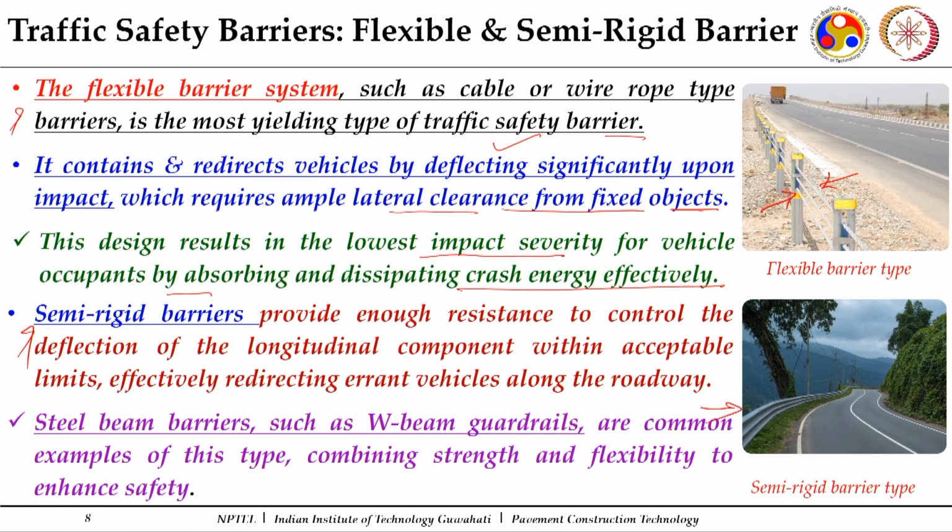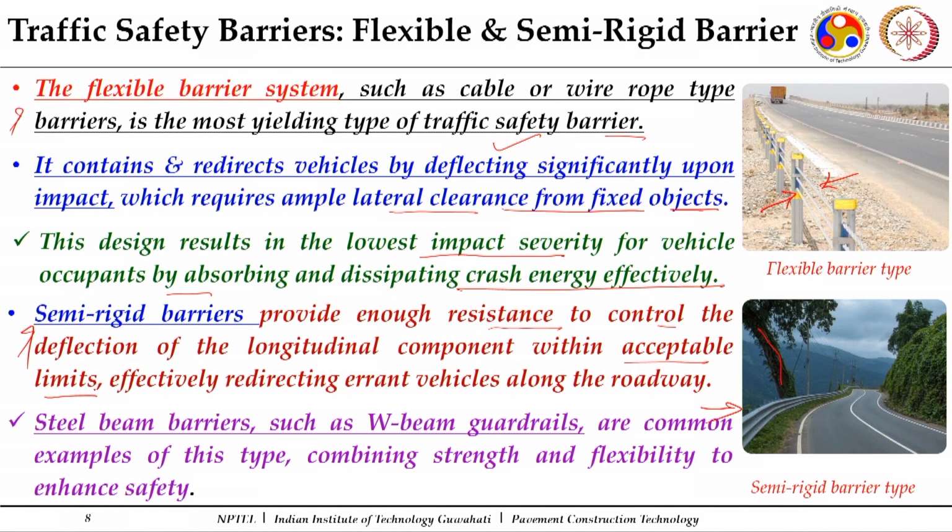Then comes the semi-rigid one, which we see most of the time. These are also very popular on high speed corridors. Semi-rigid barrier types provide enough resistance to control the deflection of the longitudinal component. They have good strength to resist deflection, because you can see there is a tree just on the back side of it, so you do not have much scope for deflection. These are able to control the deflection within acceptable limits.